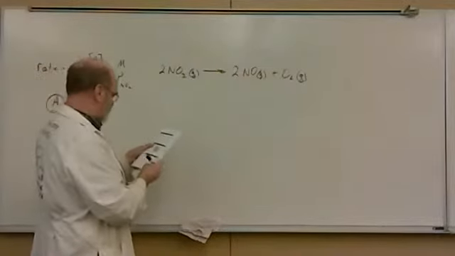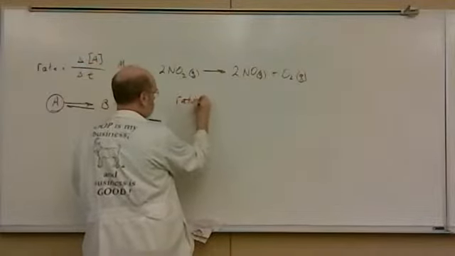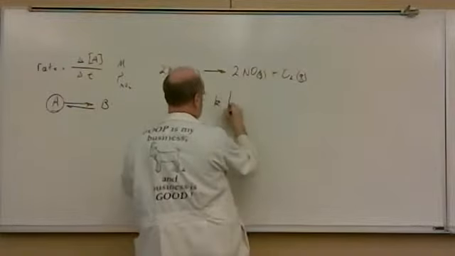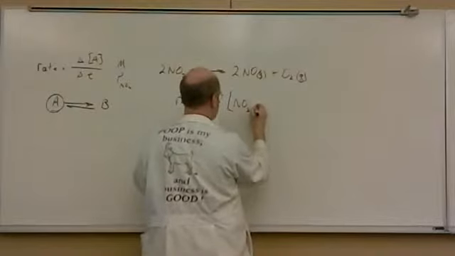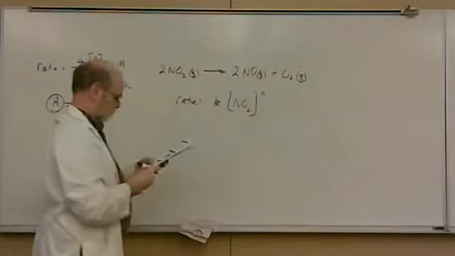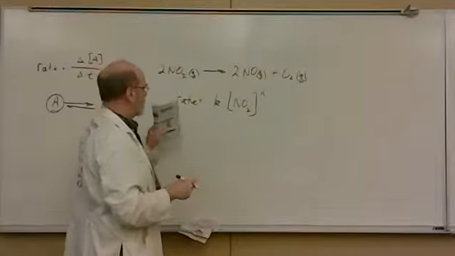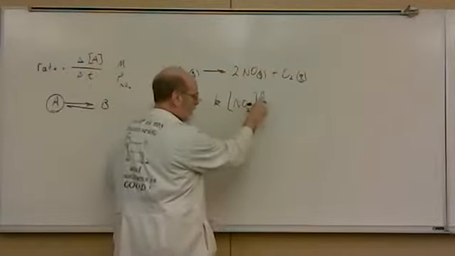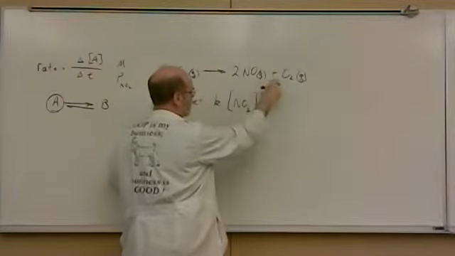The rate law for this reaction will then be some constant times the concentration of NO2 to some power. Okay? Now, first lesson is that value right there has nothing to do with any of these coefficients.